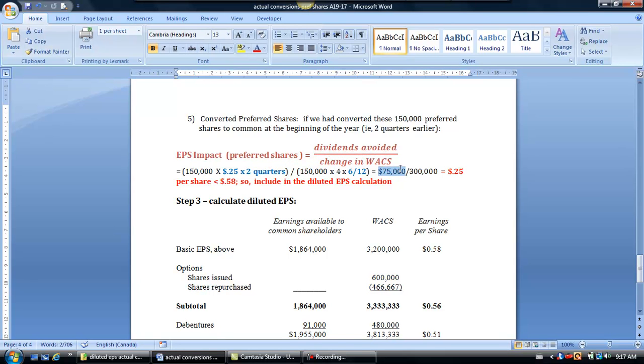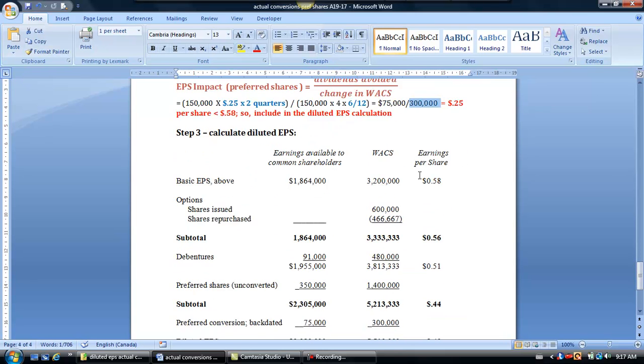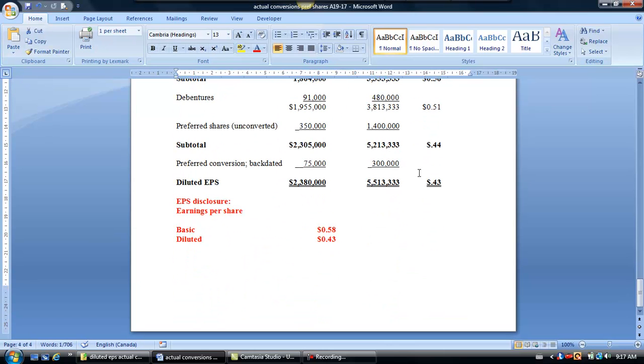We would have saved $75,000, right, in dividends to preferreds that would have been available to common, and we said we would have had 600,000 common shares available 6 months earlier. So prorated would have been 300,000 available under a weighted average calculation, right, which would have been 300,000.